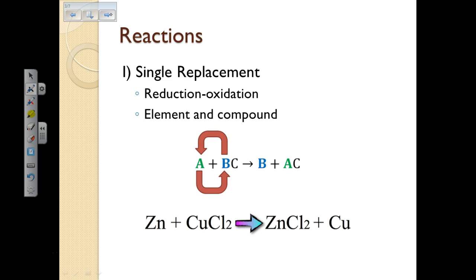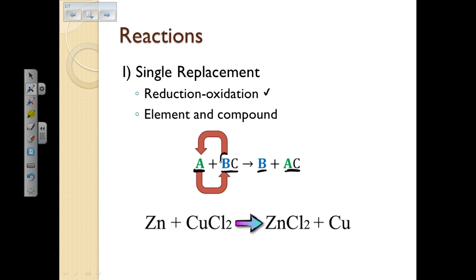The reaction for this video is the single replacement reaction. Okay, we're going to talk about the single replacement reaction, which is sometimes a reduction oxidation reaction, or redox reaction. This is where we have an element and a compound form an element and a compound.